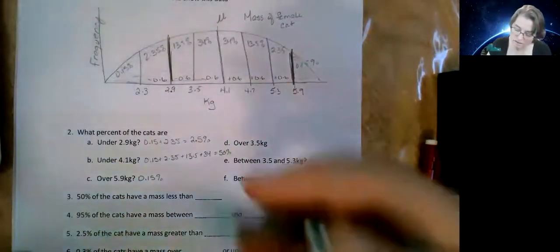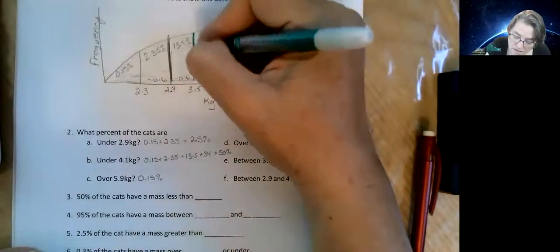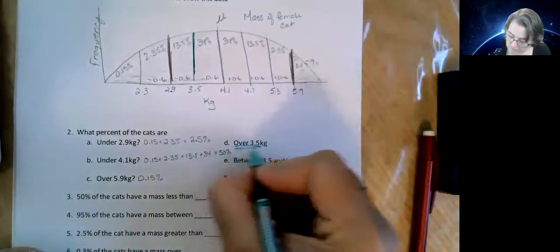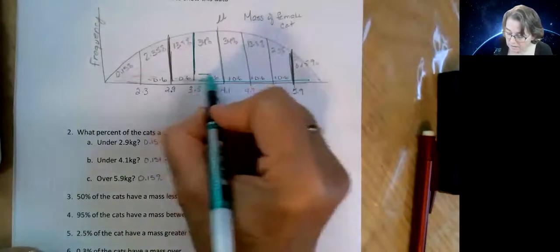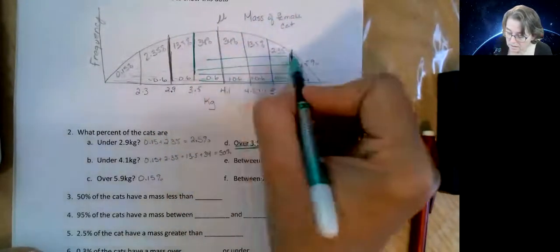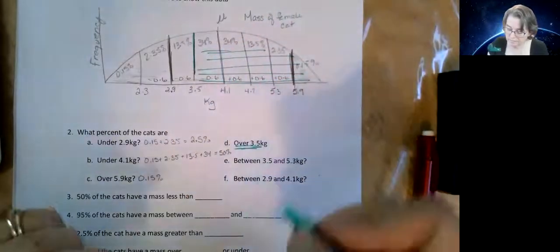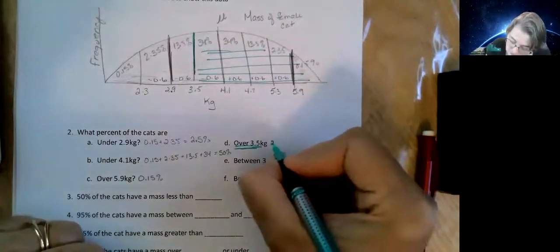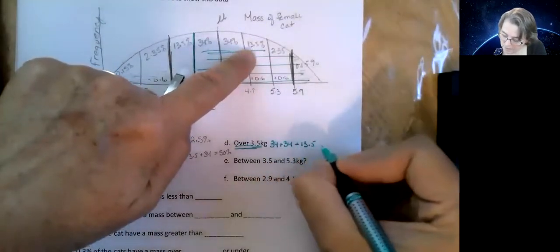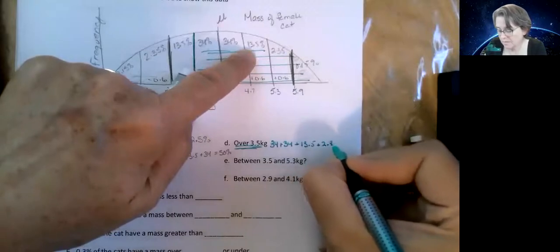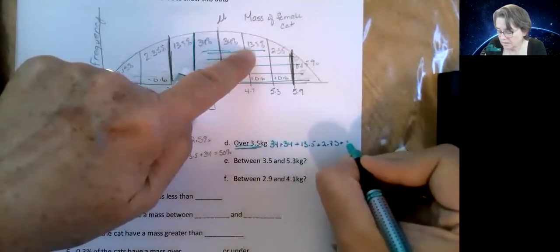Over 3.5. Now I think it's time to change colors. So I'm going to underline that. So I want everything to go in this direction. So 34 plus 34 plus 13.5 plus 2.35 plus 0.15.